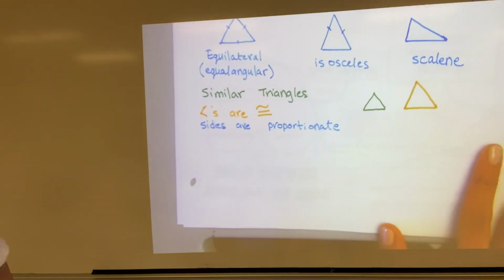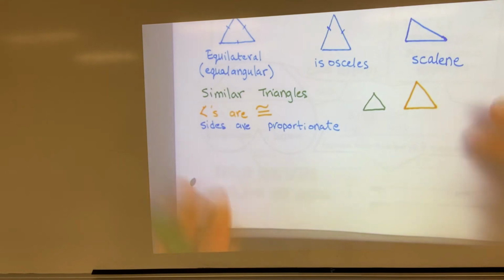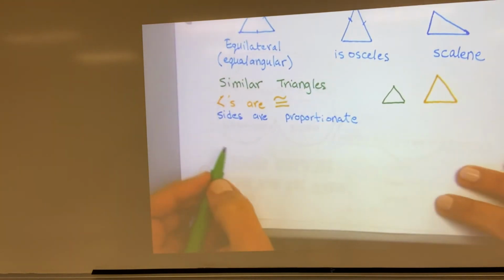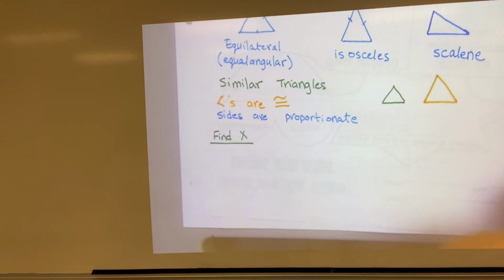Let's look at an example here about similar triangles. In this example, I'm asked to find x. Here I have two triangles.